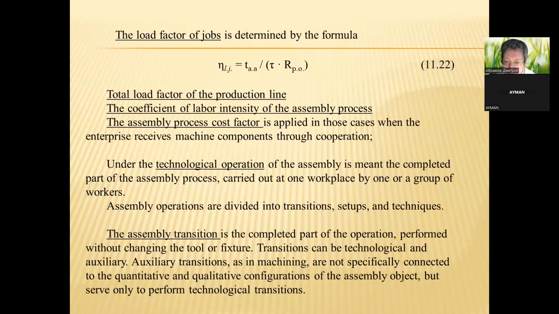Transitions can be technological and auxiliary. Auxiliary transitions, as in machining, are not specifically connected to the quantitative and qualitative configurations of the assembly object, but serve only to perform technological transitions.